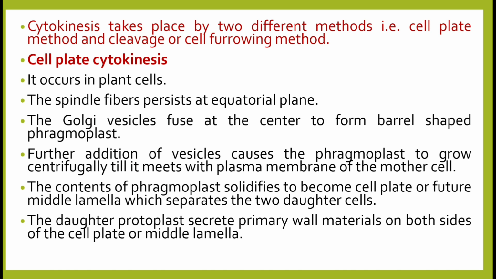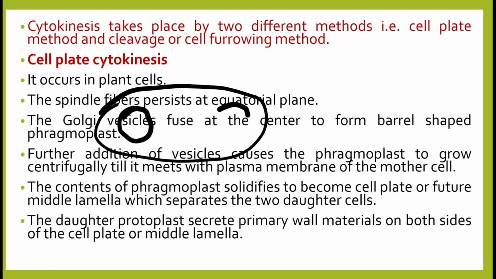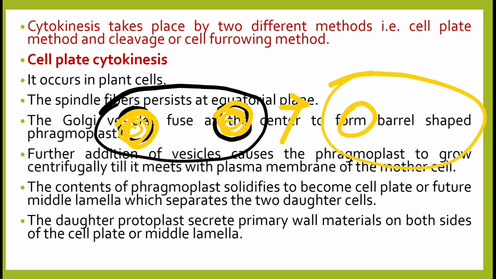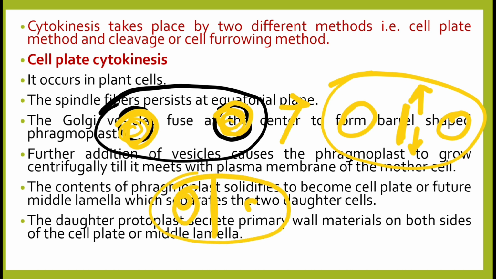So, suppose it is a cell. After karyokinesis, two nuclei separate from each other. Now cytokinesis occurs. In the cell plate method, at first the phragmoplast develops in the middle and continues to grow toward both sides, and finally the plate attaches to the cell membrane, separating the two cells.